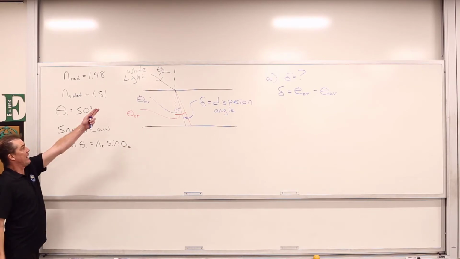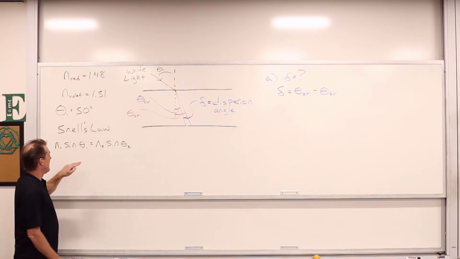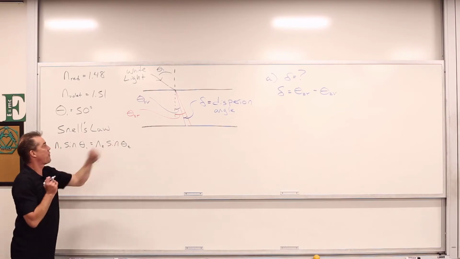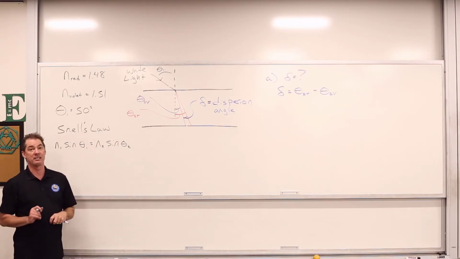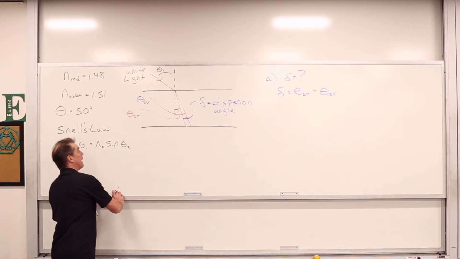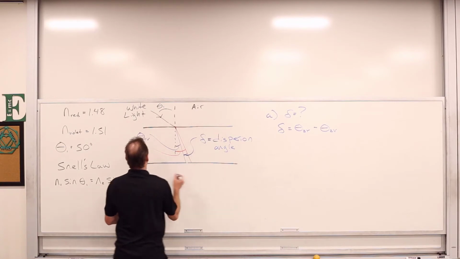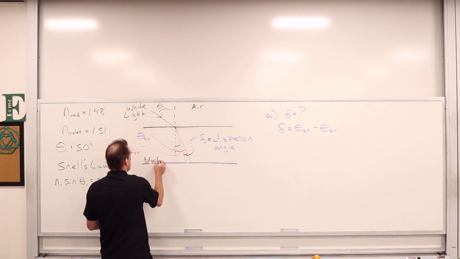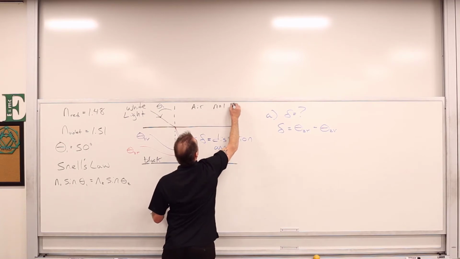Well, we've got the entrance angle for both the red and the violet, theta 1, 50 degrees. What's different is the angles of refraction theta 2 for the violet and the red, because of different indices of refraction. So we're going to assume out here we're in air. Here's our block. Air, n equals 1 for all wavelengths.